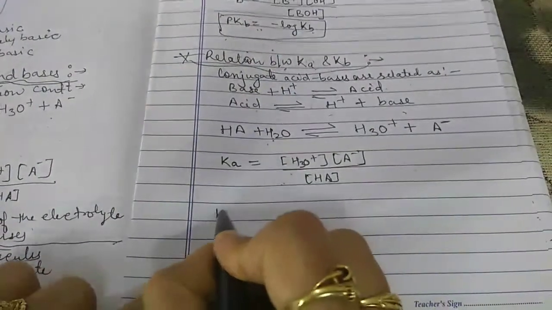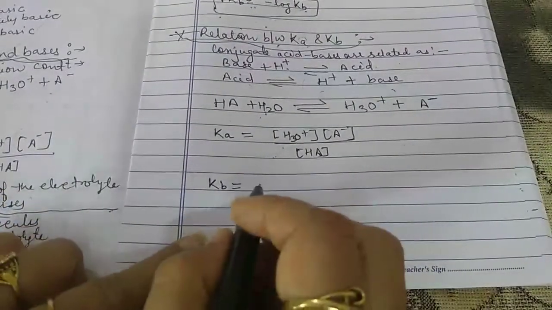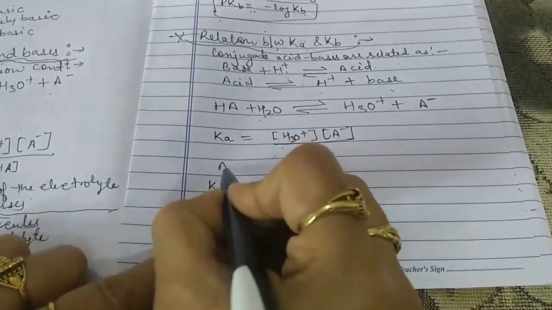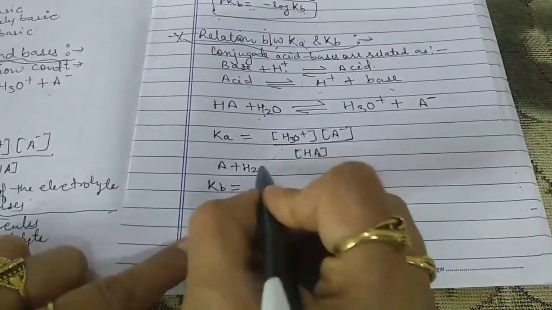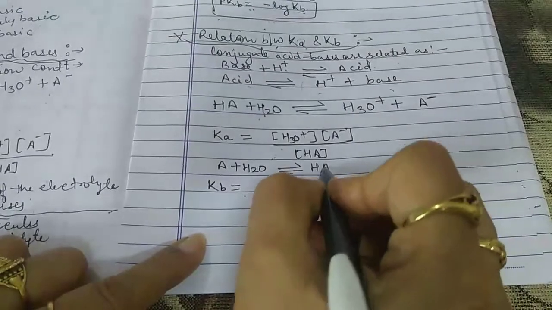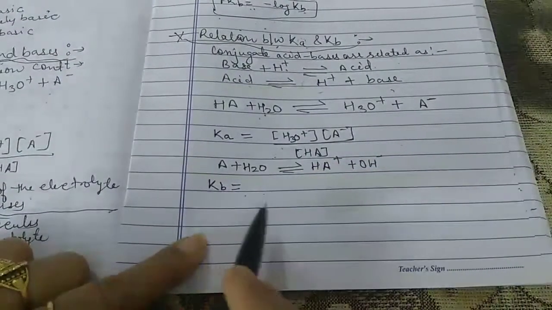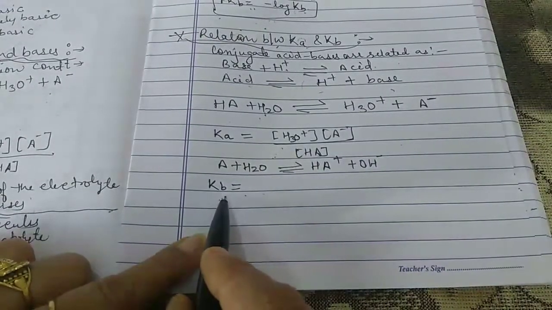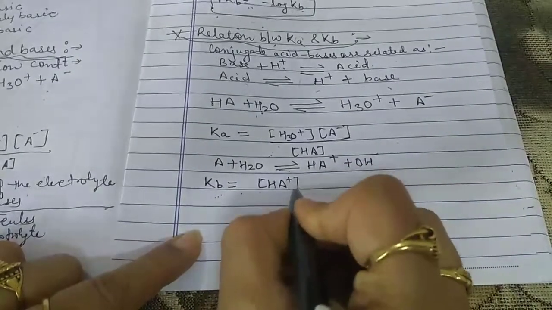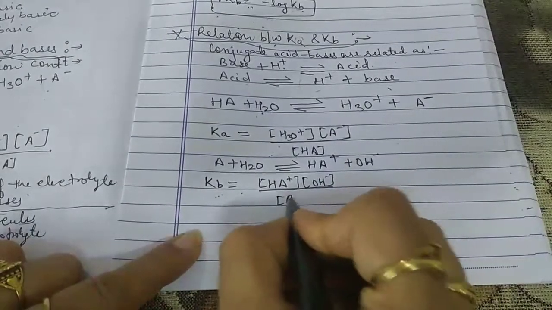Now similarly, if we want to find out the value of Kb, let's take another example: A negative plus H2O gives HA plus OH negative. If we want to find the Kb, the ionization constant, it is HA times OH minus, divided by A only.